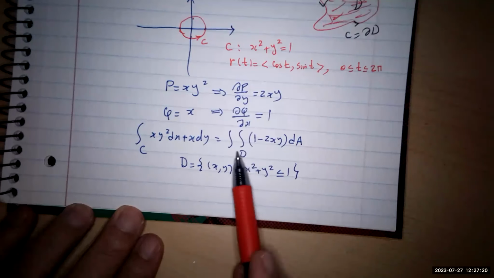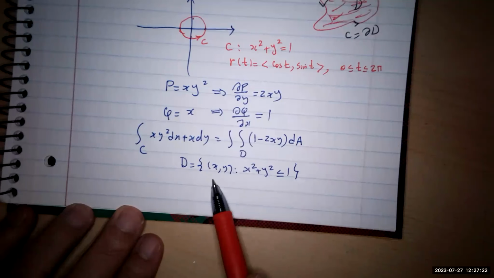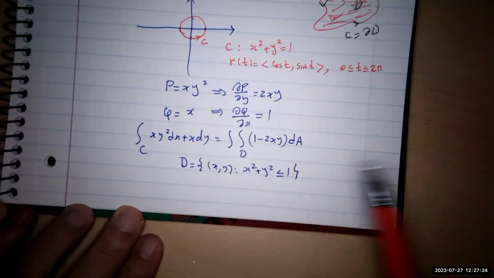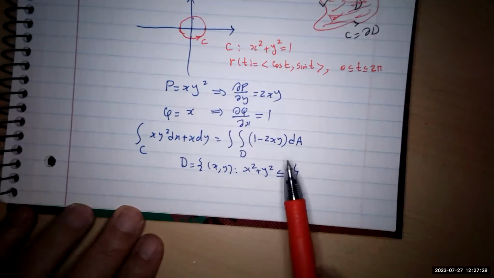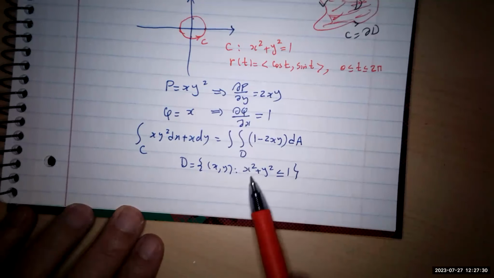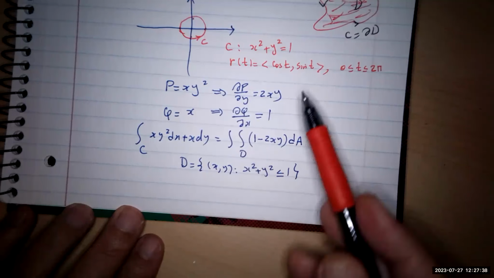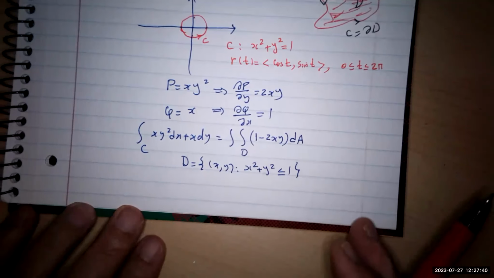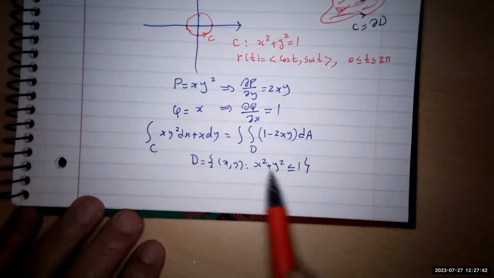Polar form would be much easier. Otherwise, it's possible with rectangular coordinates, but it's hard because x goes from 0 to 1 and y goes over the semicircle to the top and the bottom. It's possible, but it's not advisable.